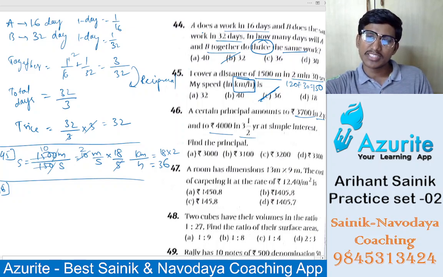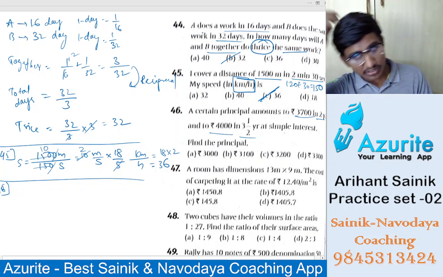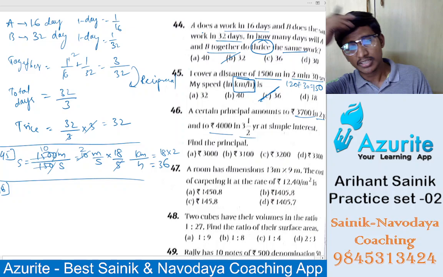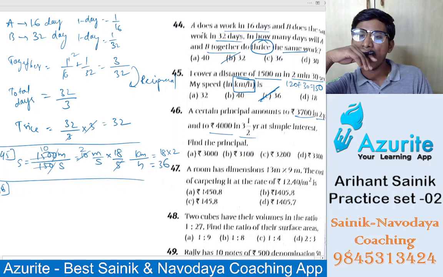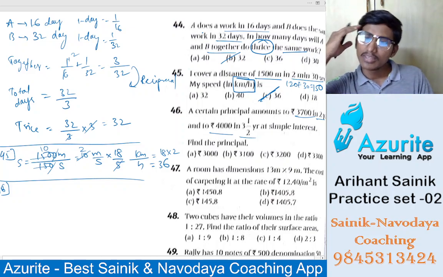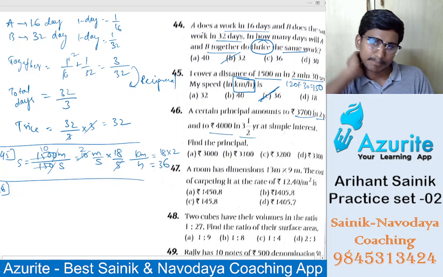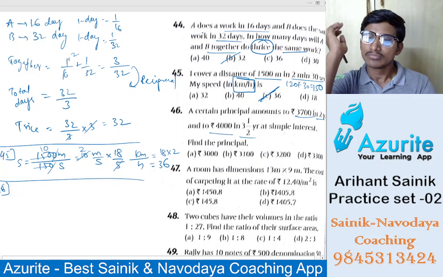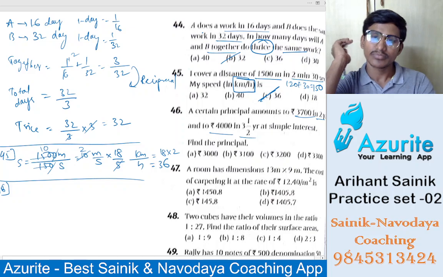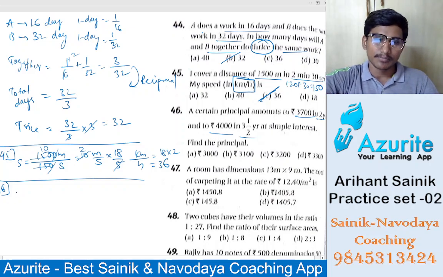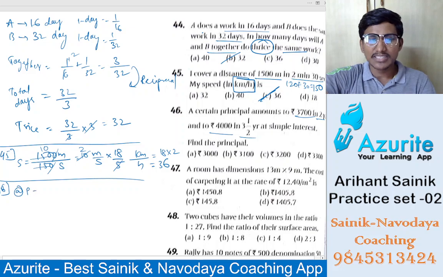A certain principal amounts to 3,700 in 2 years and 4,000 in 3.5 years. Okay, go with options. What you should do? Go with options. So if you take option A, principal is 3,000.